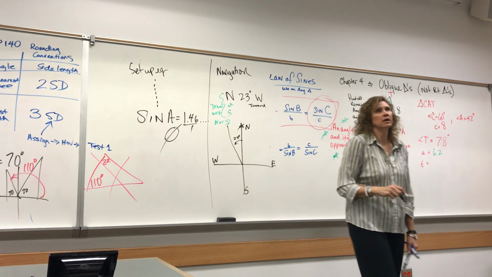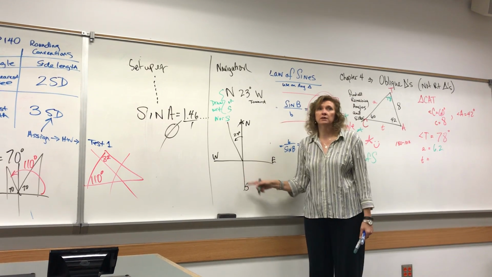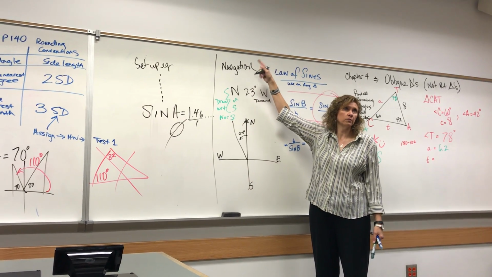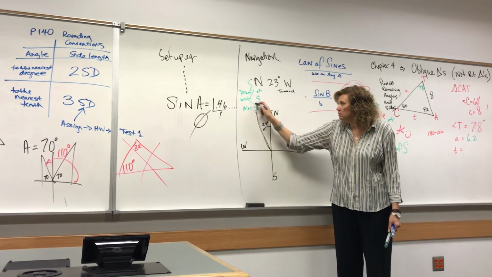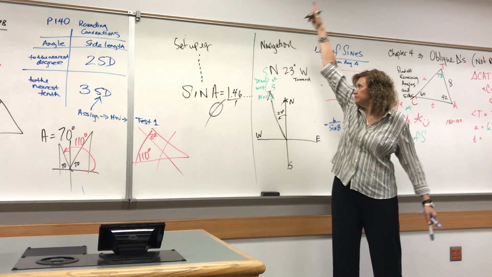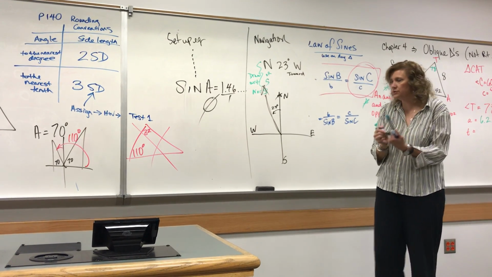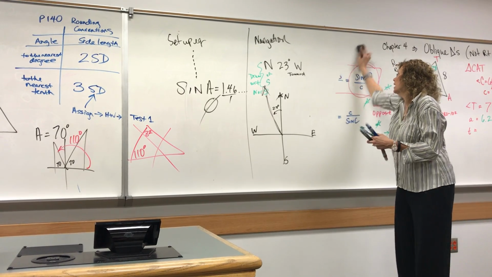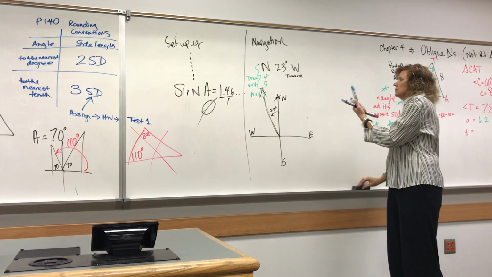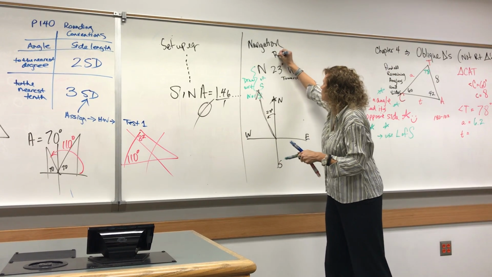Never have we rotated from the positive y-axis or the negative y-axis, but now we are because we're in a different paradigm where we're doing navigation. So maybe you see a bird in that direction. The other thing that is going to happen with navigation is that this is called bearing.